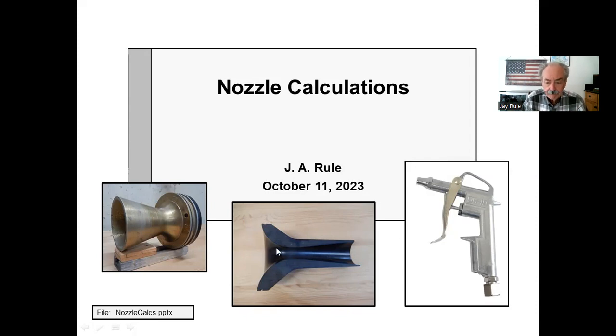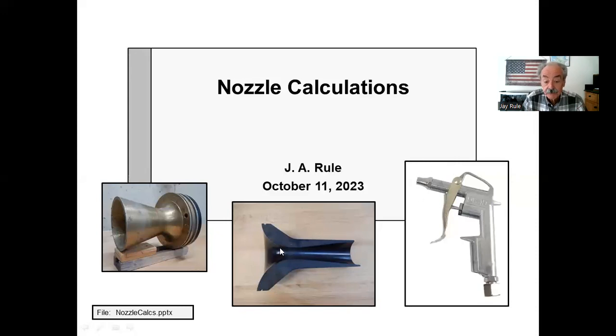Let's look at these. Now, these are rocket engines, and here's the inlet of the Hellfire missile rocket engine. And notice how it's got a certain inlet area, and the cutaway view here shows that it's converging and then diverging. This is called a converging diverging nozzle. This one is called a converging nozzle.